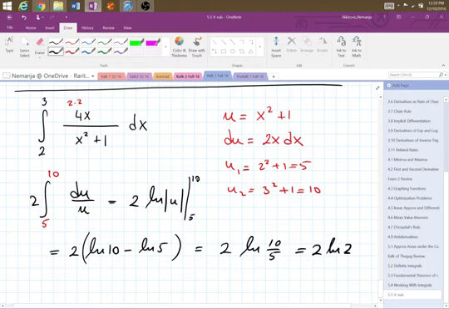Properties of logs, Chapter 3 in the Blitzer book, Precalculus 1. Subtraction of logs equals the log of the quotient of the arguments.